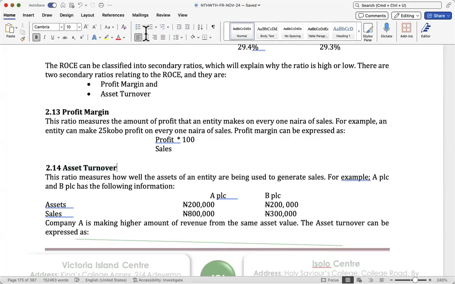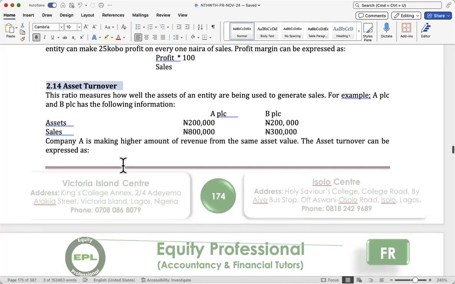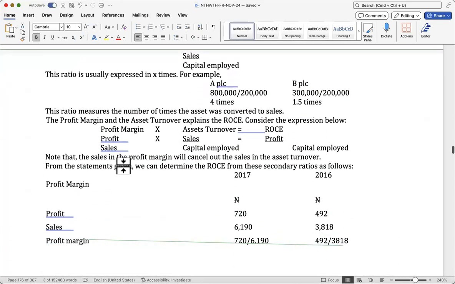Usually, we would see this profit margin and this asset turnover as secondary ratios to ROCE, because they can help us explain ROCE. Let me see if I have the analysis somewhere here. Yes, I have it here.